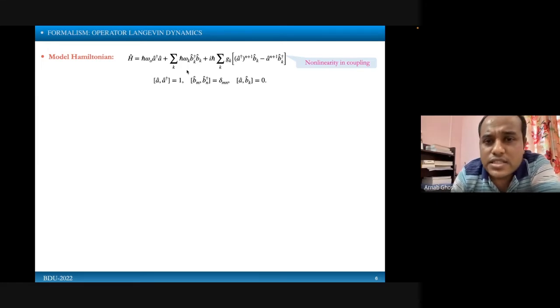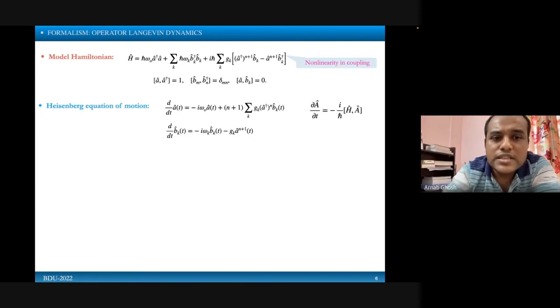Since these are all bosonic oscillators, they obey the standard commutation relations: the commutator of A and A dagger is equal to 1, similarly for B and B dagger, and A and B commute. Now from this Hamiltonian, one can use the standard Heisenberg equations of motion for both the system and the bath operators. So you can obtain this.